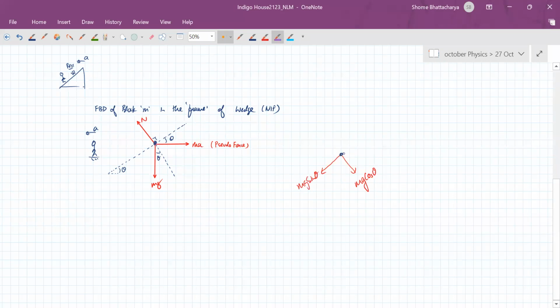You'll have the components of pseudo force like this, ma cos theta and ma sin theta, and you'll have the normal reaction. So these are the forces after resolving along these axes. In this frame, the object is at rest with respect to the non-inertial frame. So you want to balance the forces. Okay. So now balance the forces and find out the value of A from here.